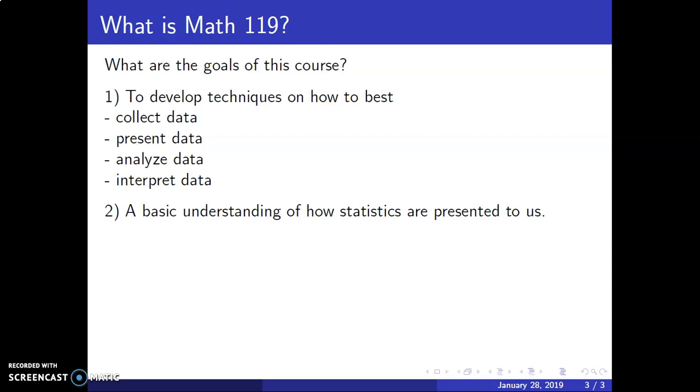A basic understanding of how statistics are presented to us in the news, in the media, and just in our day-to-day. We can get some insight into how they come up with those numbers and what they might be up to even in presenting them to us. So I hope everybody can take away number 2 and take that with them and just enjoy a fuller experience of life and being a consumer, really.